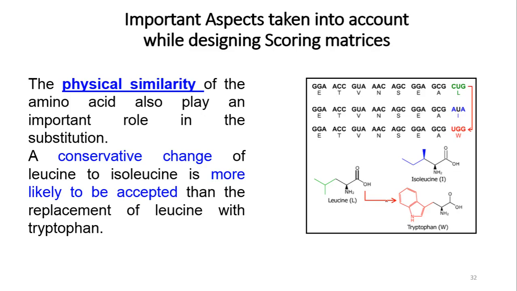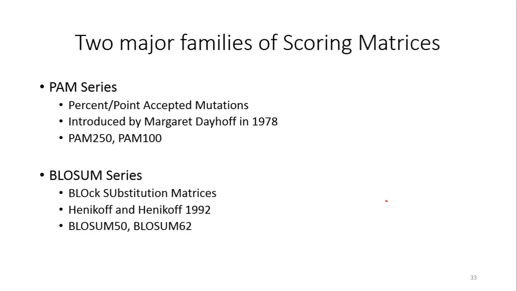Let us now move on with our discussion of the two major families of scoring matrices that are normally used while comparing two sequences. There are a lot of other scoring matrices also, but these two that we are going to discuss today are the most common scoring matrices implemented in dynamic programming for aligning two sequences.